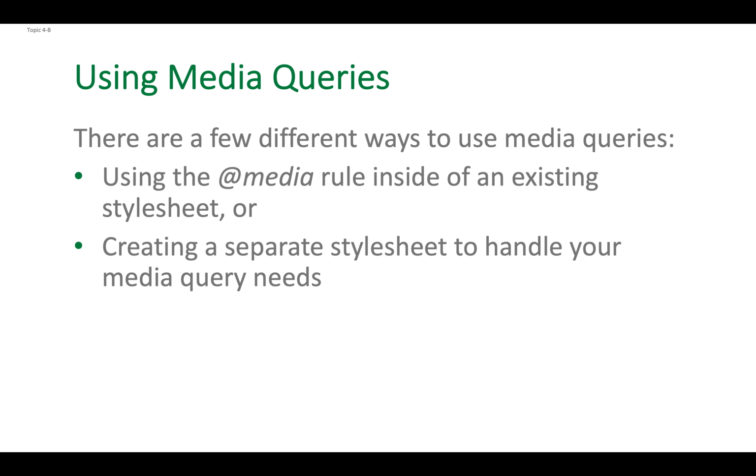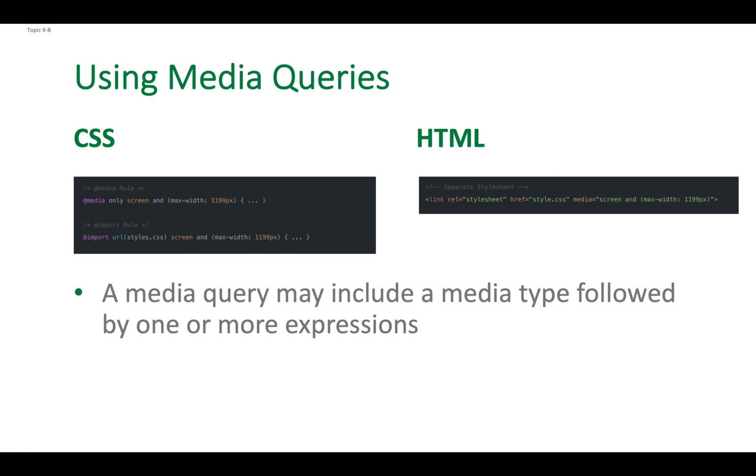So you use the @media rule inside of an existing style sheet, or you can create a separate style sheet to handle your media queries. So in your style sheet, you're going to have this rule @media, where the screen has a max width of 1199 pixels. So you can choose what you want here.